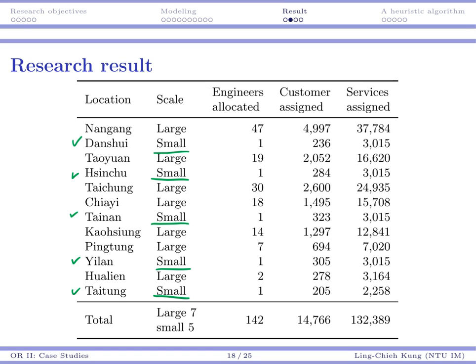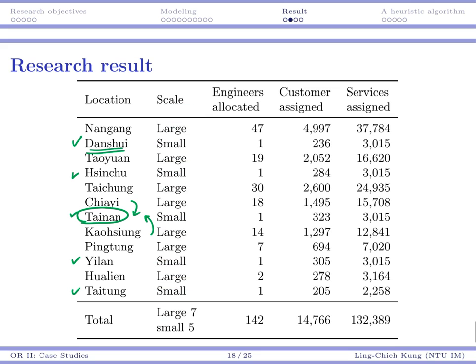That engineer is going to serve the most important customers around it. And for most other customers, for example, for those other customers in 淡水, the Nangang office is going to take care of that. For many customers in Tainan, you will use Jiayi and Kaohsiung to serve them, and so on and so on.